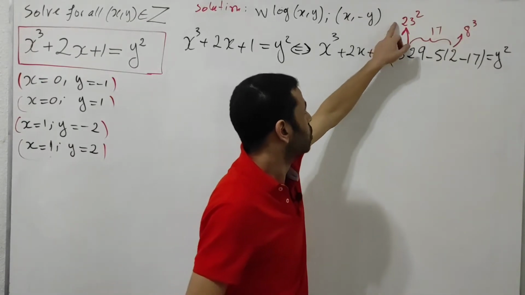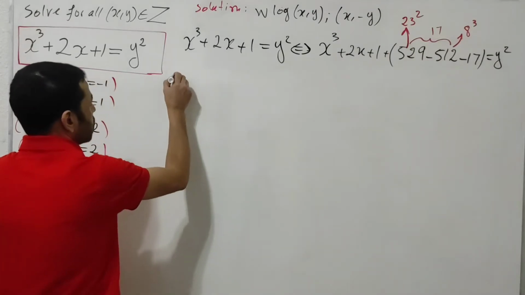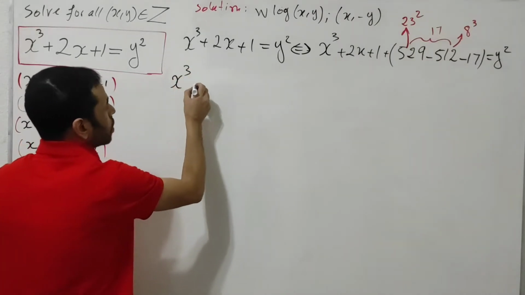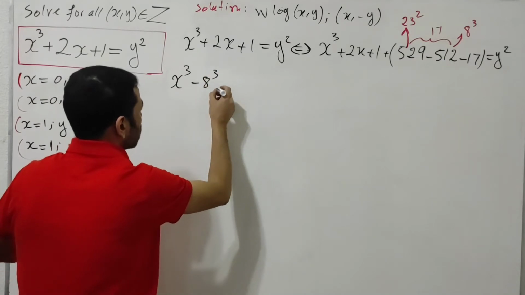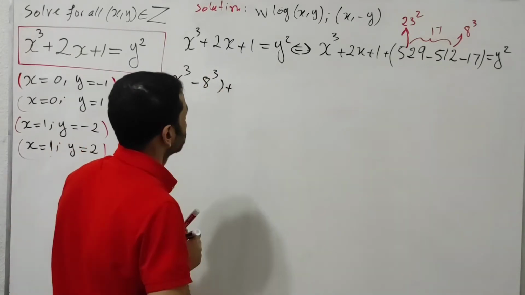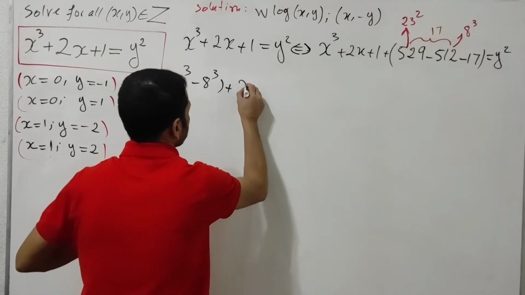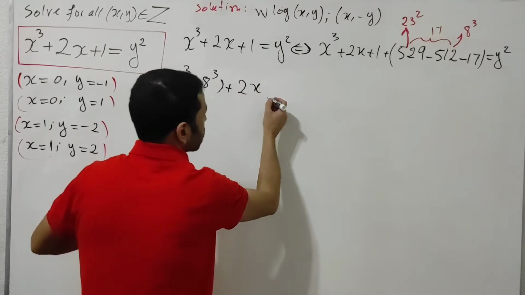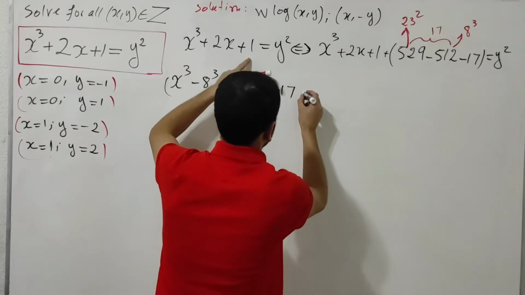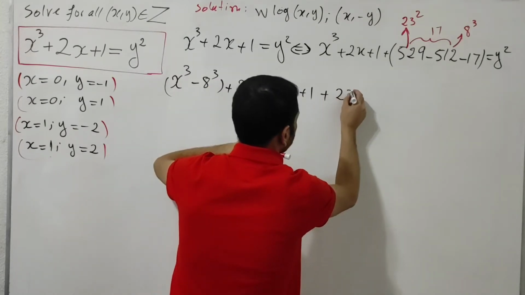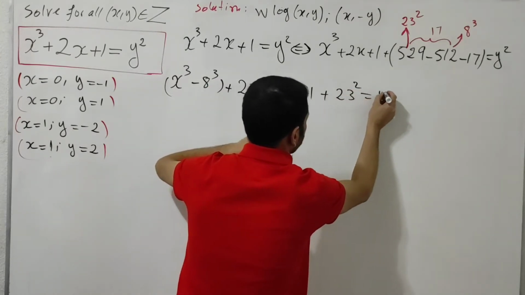To make the factorization form, I will have x cubed minus 8 cubed plus 2x minus 17 plus this number 1 plus 23 squared equals y squared.